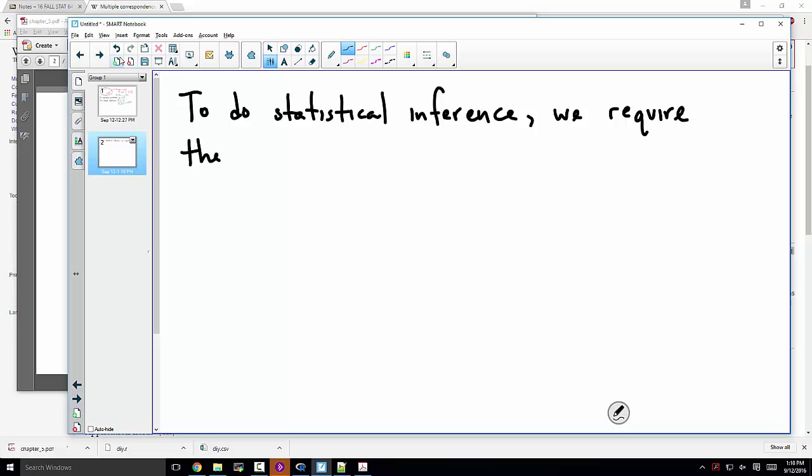We could use X bar as our estimate of that, and then in order to have a stated level of confidence, we require what's called the sampling distribution of our statistic or statistics.